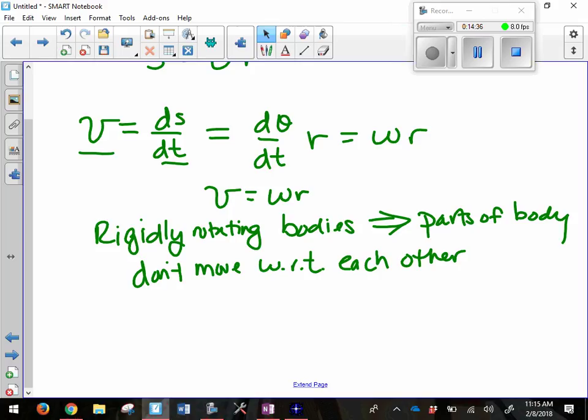So we talked about how an empty water bottle, when it rotates, is a rigidly rotating object. But if I put water in there, not so much. A marker is a rigidly rotating body. A bike wheel, as we will talk about very often, is a rigidly rotating body.